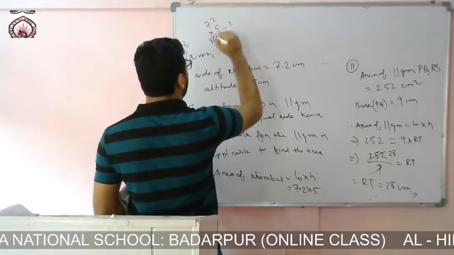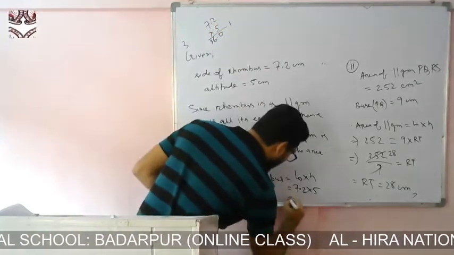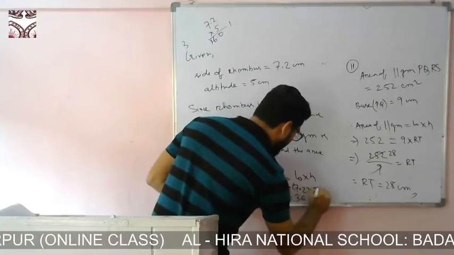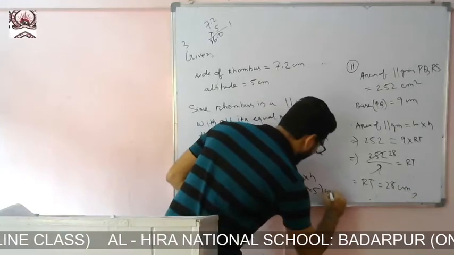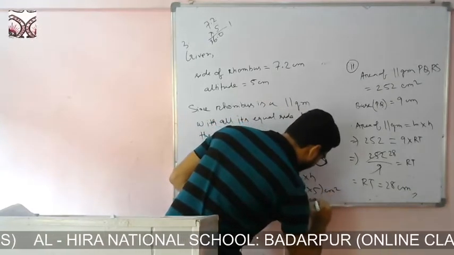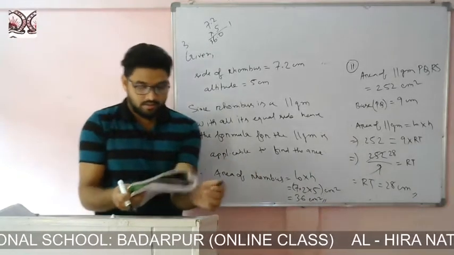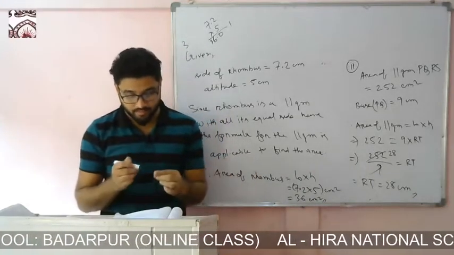Point is there, so 36.0, that means 36. So 36 centimeter square. Okay, now come to question number 4.